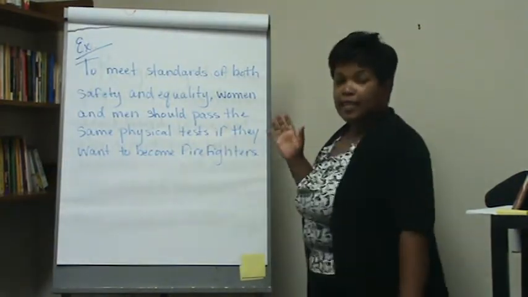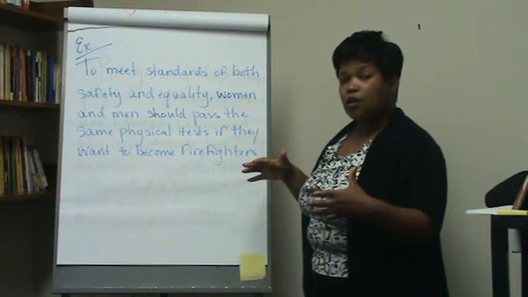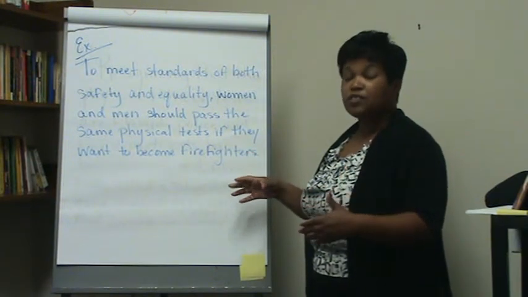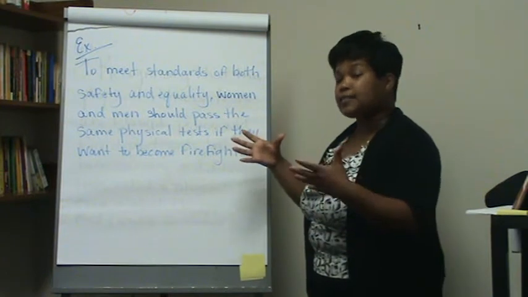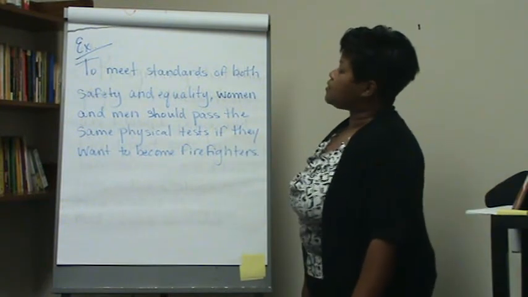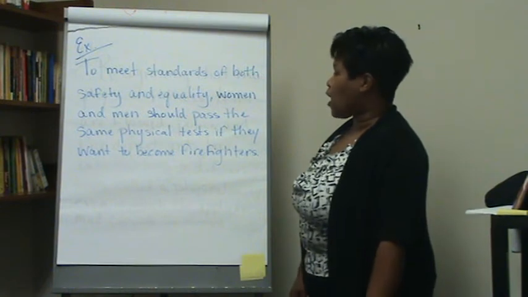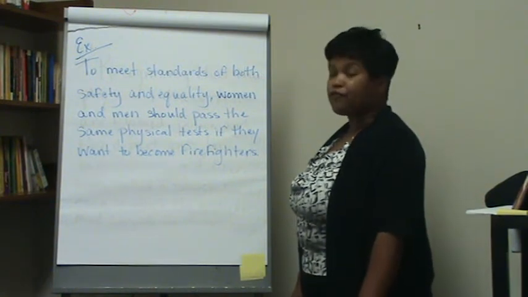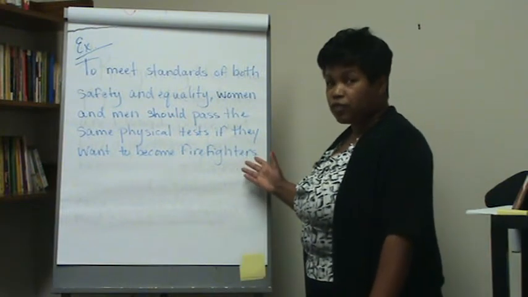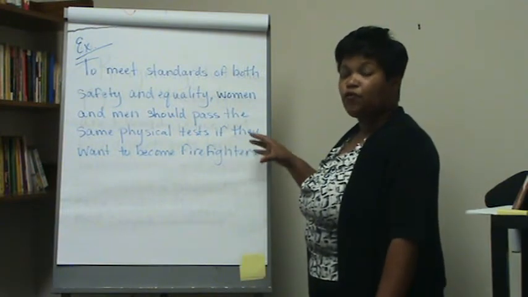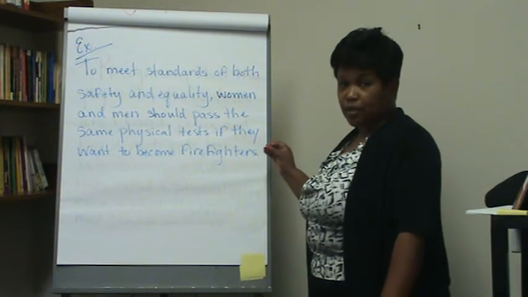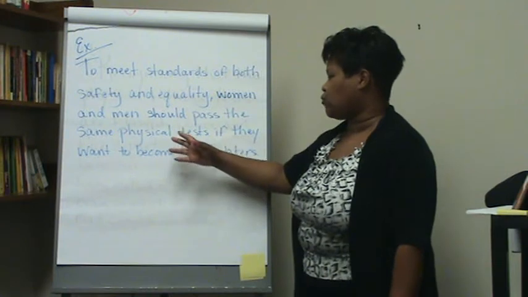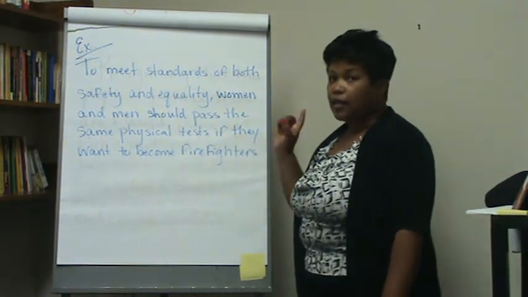So I have an example here of forecasting, and I want you to see how this gives us an understanding about what's to come in this particular essay. If the sentence is, "To meet standards of both safety and equality, women and men should pass the same physical tests if they want to become firefighters," it should be hopefully obvious that this is forecasting in the way of a thesis statement, because we cannot discuss both safety and equality for men and women and all these other elements in one paragraph.